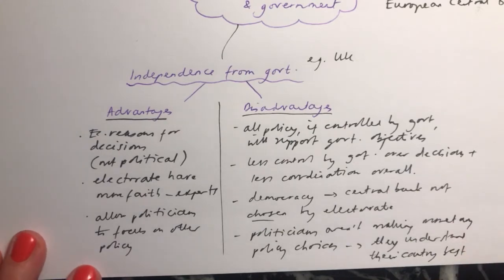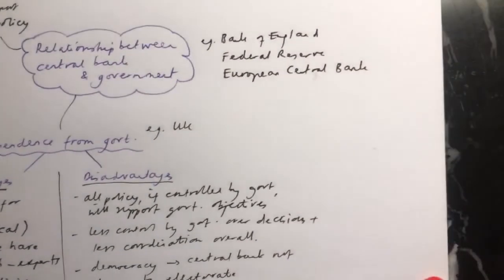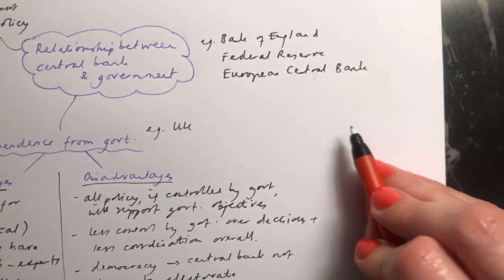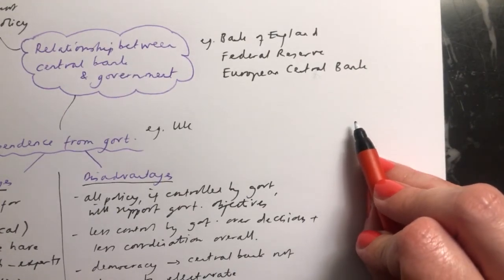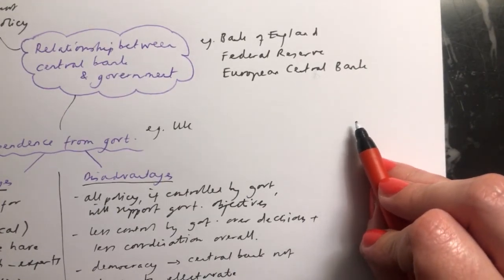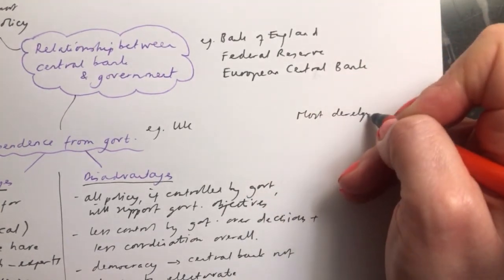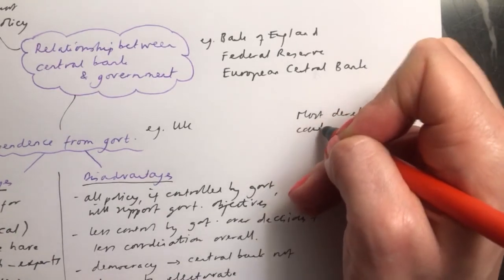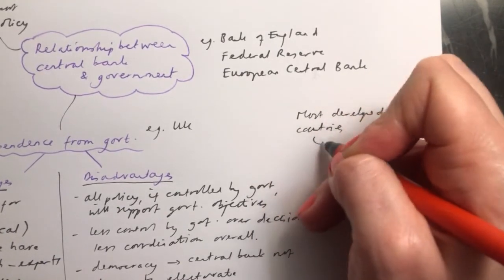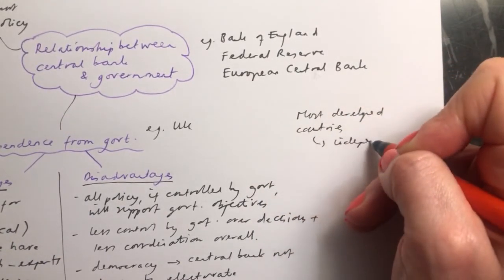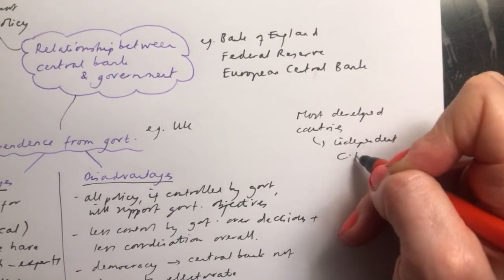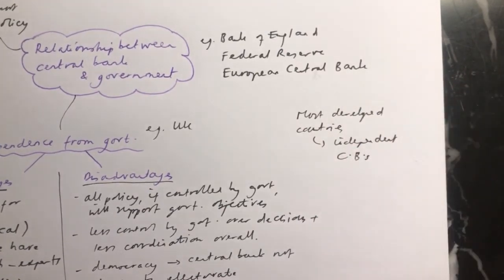Just looking in general at what happens in the UK, we have this independence of the central bank, the Bank of England, from the government, and most developed countries have the same situation. So most developed countries have independent central banks.